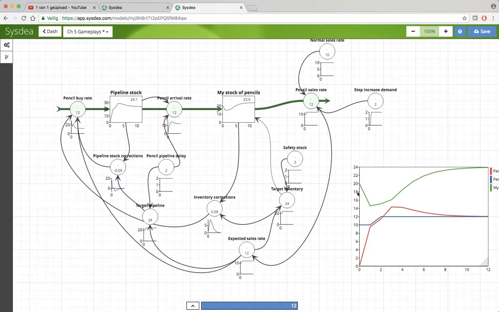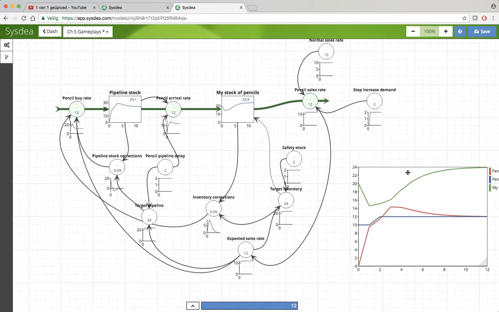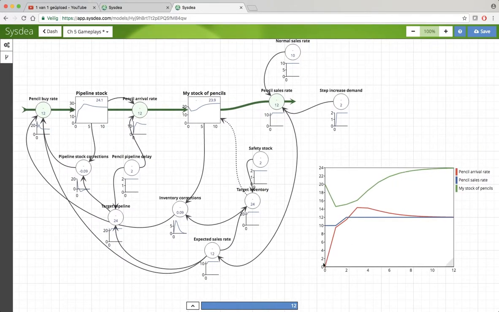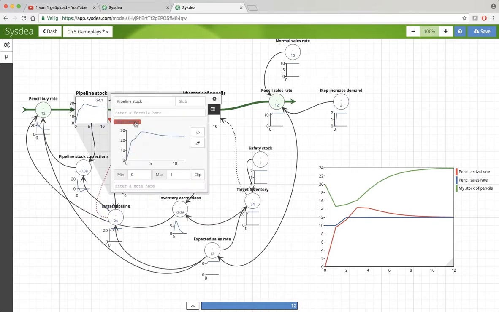So I have this resolution here. What do we see now? We see that the pencil arrival rate. Oh, sorry, we forgot one thing. Of course, the pencil stock should be from the beginning at the level of the target pipeline.